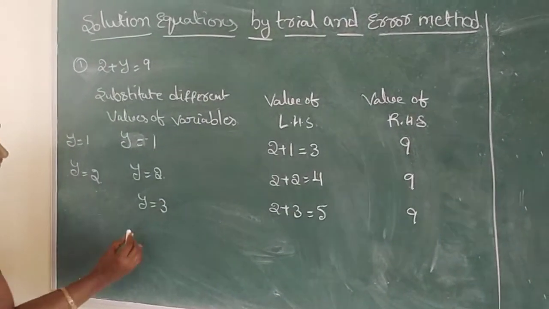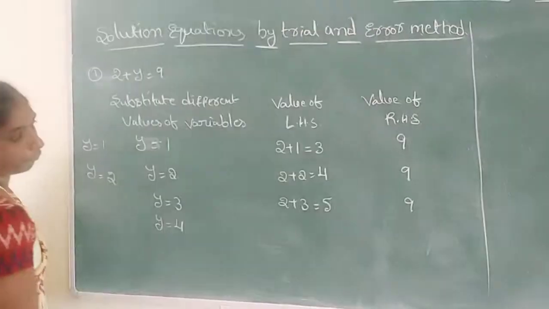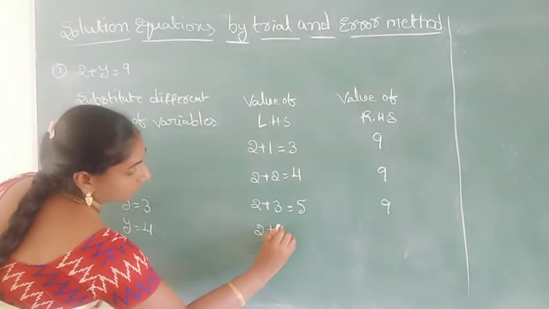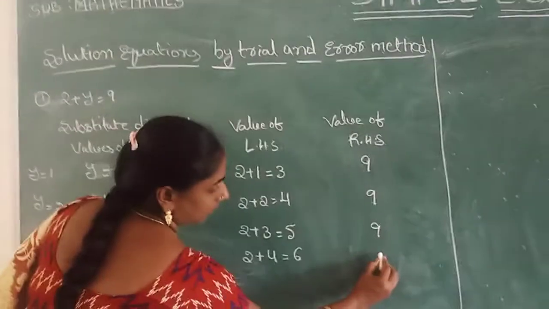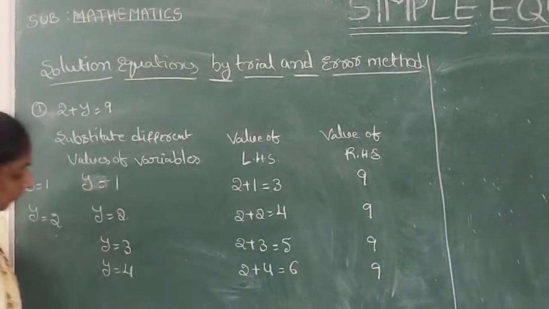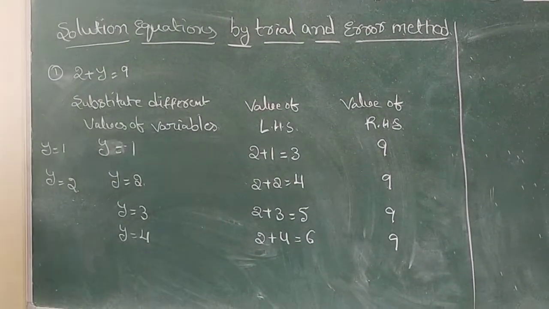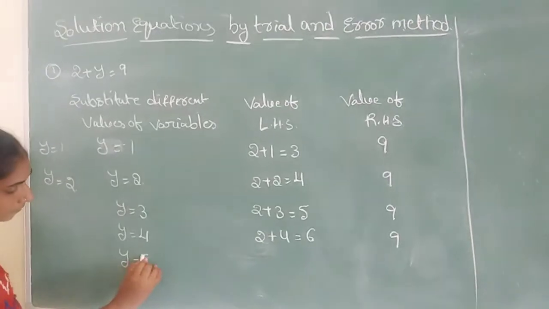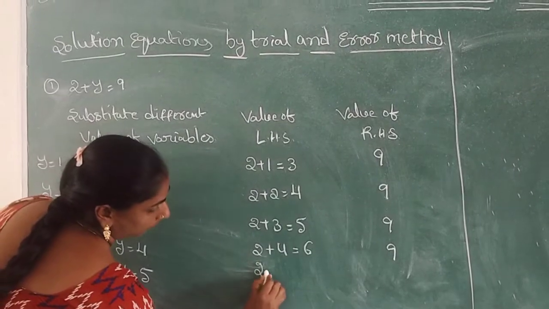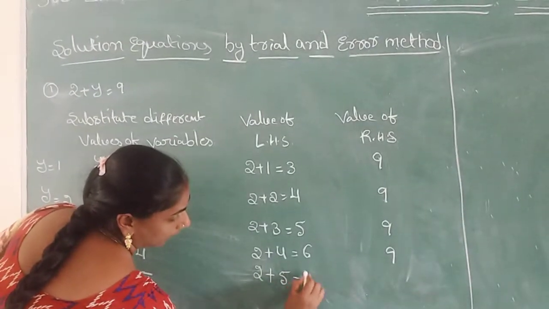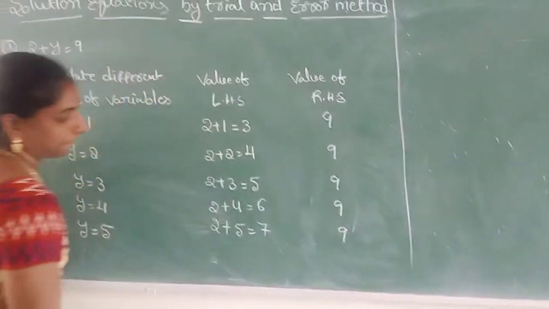We can take y is equal to 4, 2 plus 4, that is 6, RHS is 9. Y is equal to 5, LHS 2 plus 5, that is 7, RHS is 9.